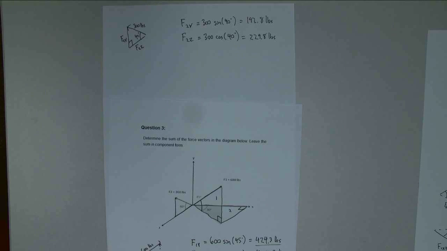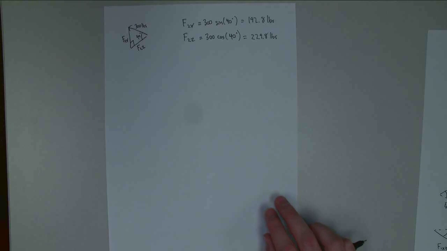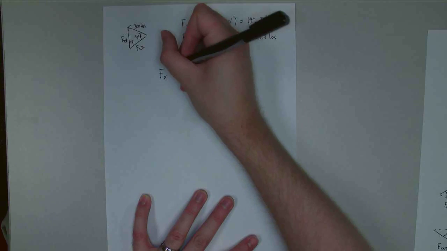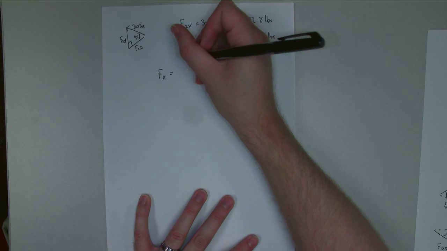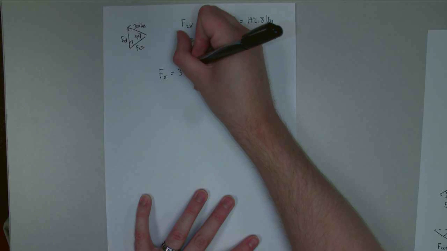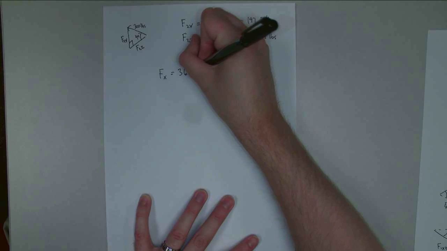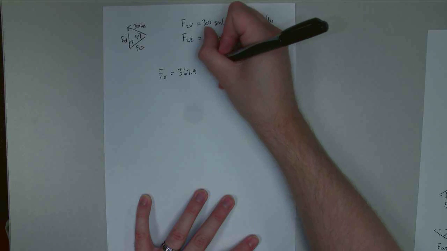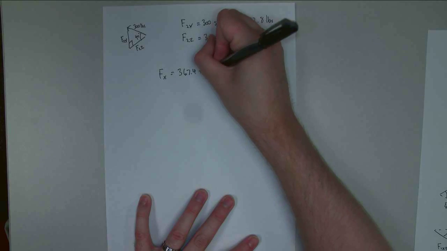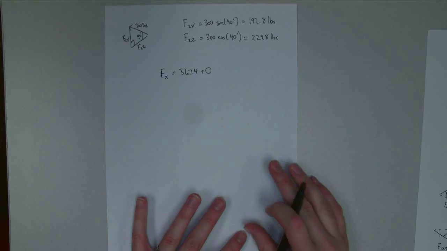Alright, now I simply need to add up all of the x components, all of the y components, and all of the z components. So, Fx is going to be F1x plus F2x, and F1x was 367.4 pounds, and F2x was actually equal to 0. It had no x component.